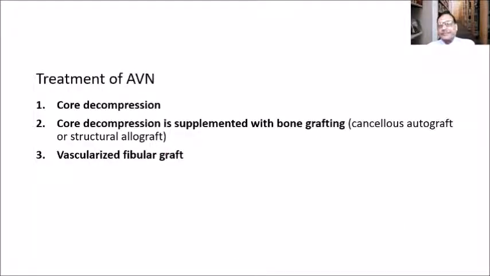And treatment: core decompression is the basic treatment for avascular necrosis. It can be accompanied with bone grafting, which is usually a cancellous autograft, or it can be a vascularized fibular graft. Thank you very much. We have come to an end.